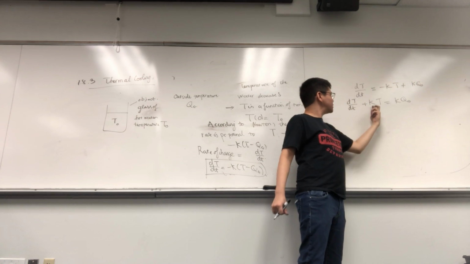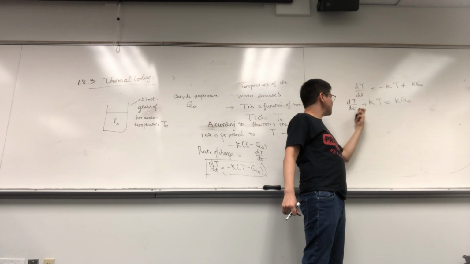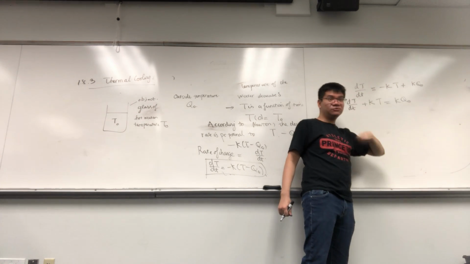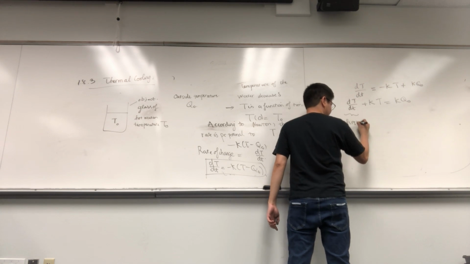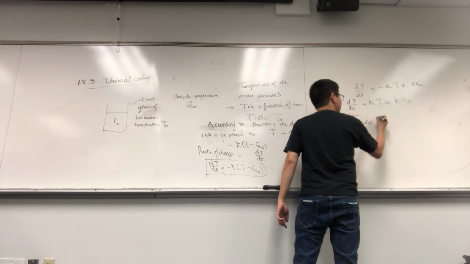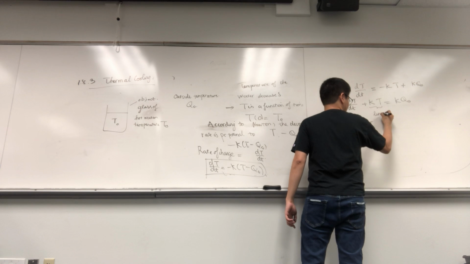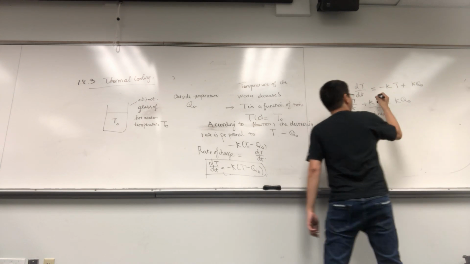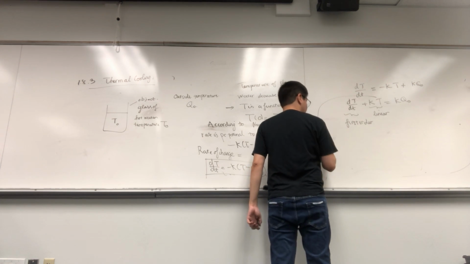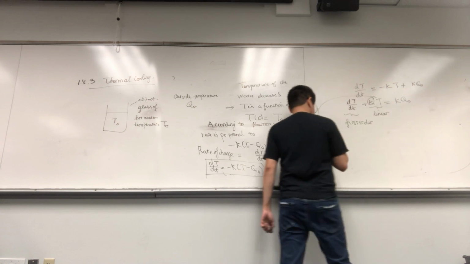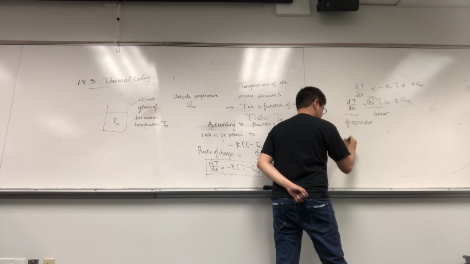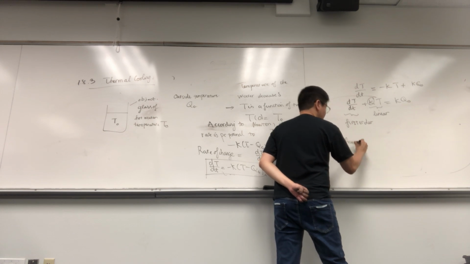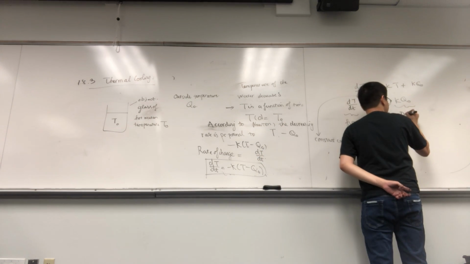So I put this to the other side, I have dT over dt plus kT is k Q0. Right? So this is first order. This is linear. This is constant coefficient. And this is non-homogeneous.